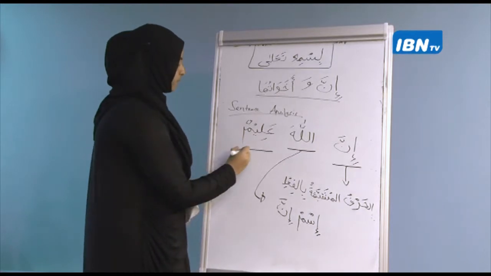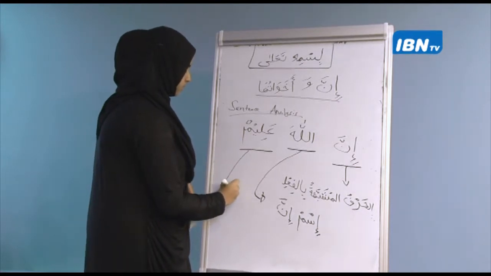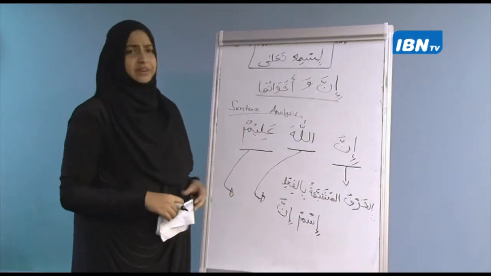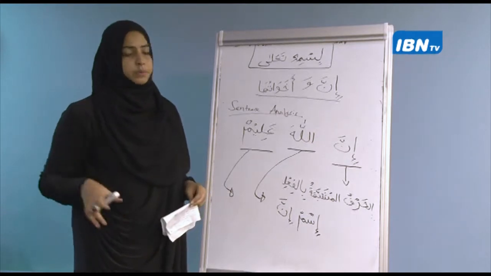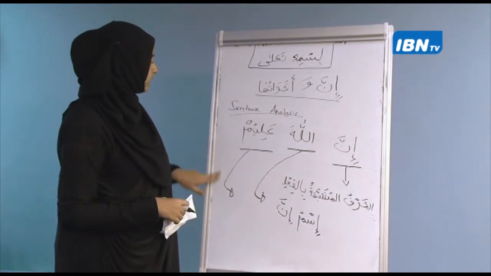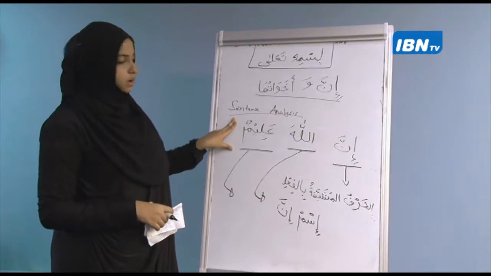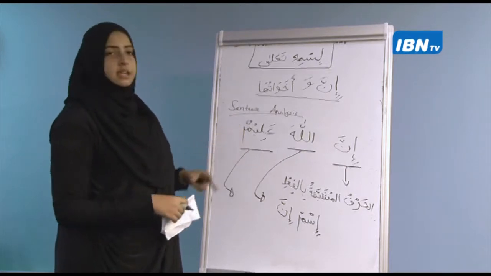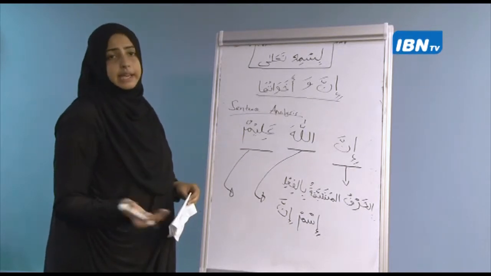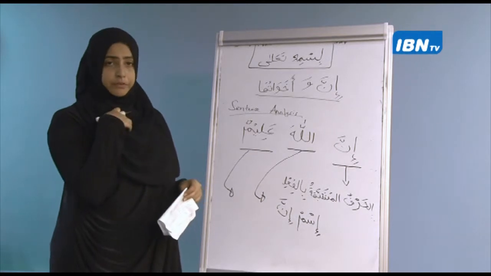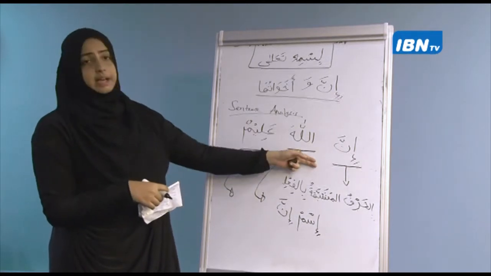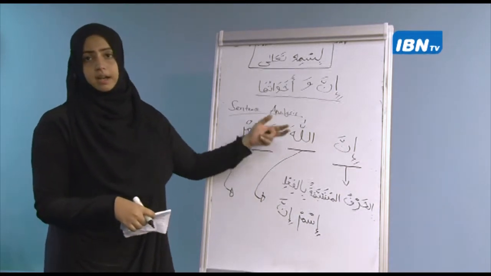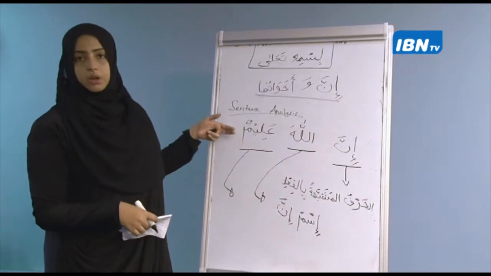Then we have Alimun. I'm just a bit rough here because I don't have enough space. I hope you're jotting them down neatly. Alimun is the khabar, the predicate of the sentence. It's giving me information about Allah. It's telling me Allah is what? Allah is all-knowing.